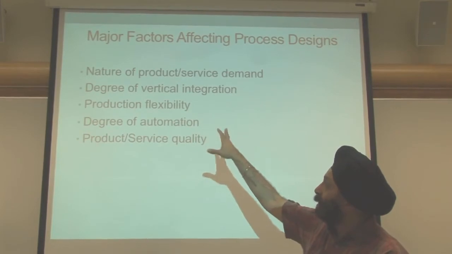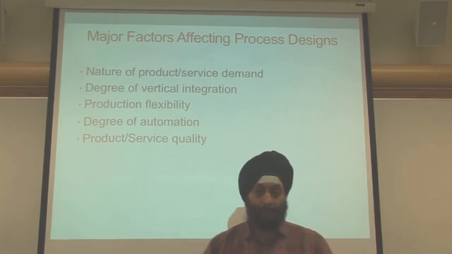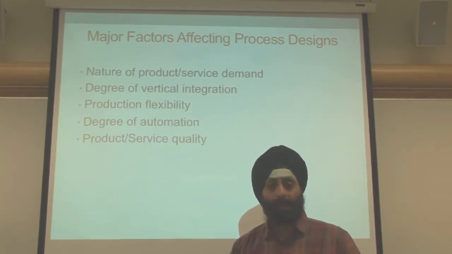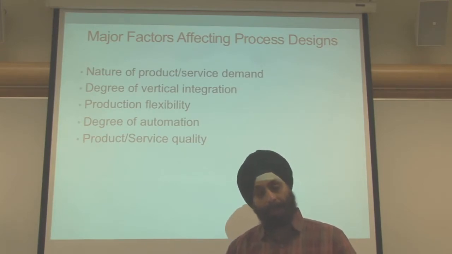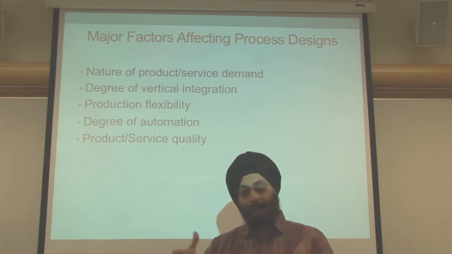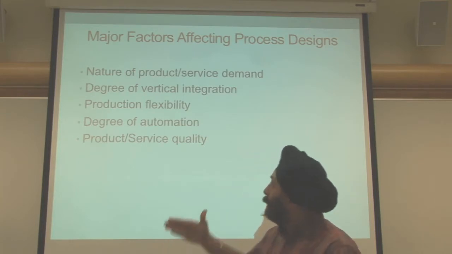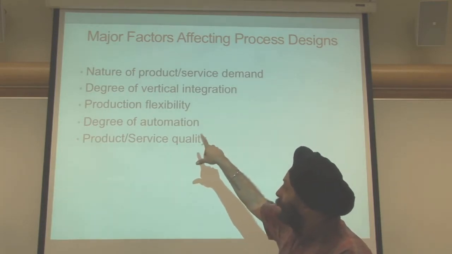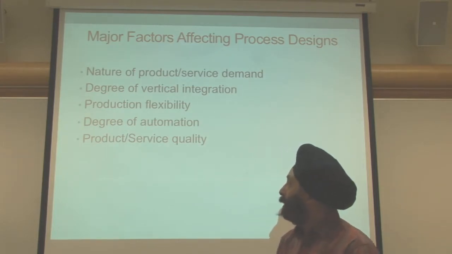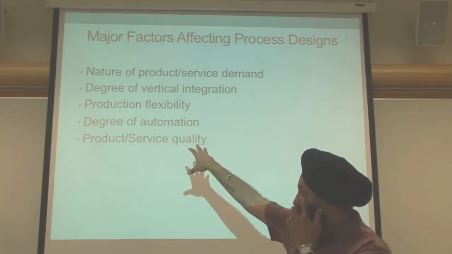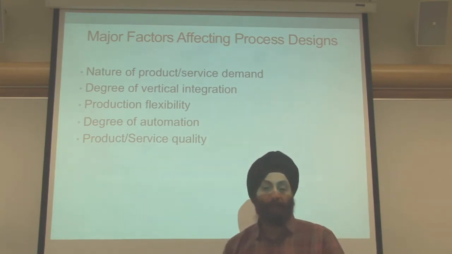And how much is the degree of vertical integration in our business, in our industry? Does all the work that needs to be done to produce a product get done in-house, or can most of it be delegated to outsourcing agencies? Production flexibility: how flexible is the production process?